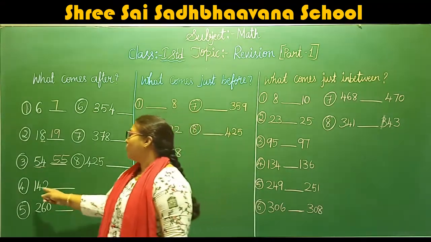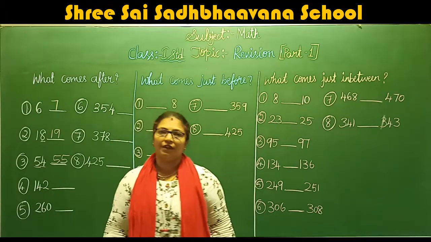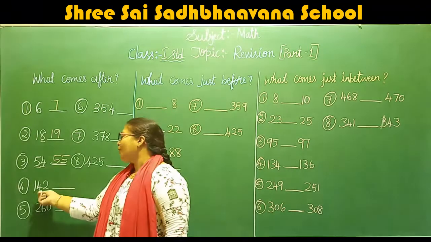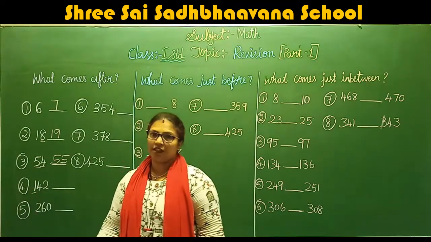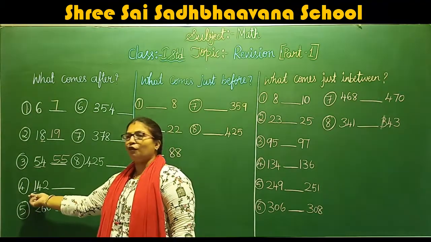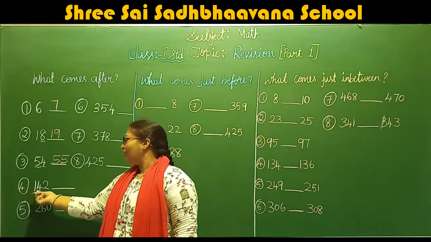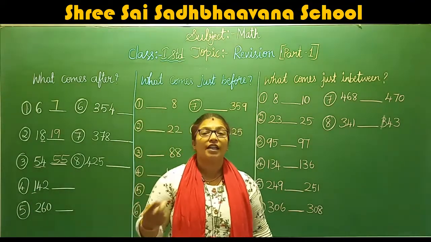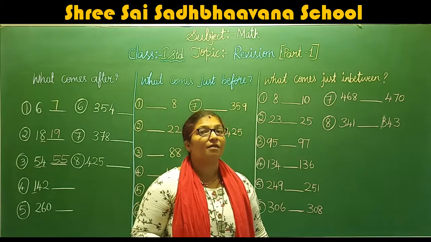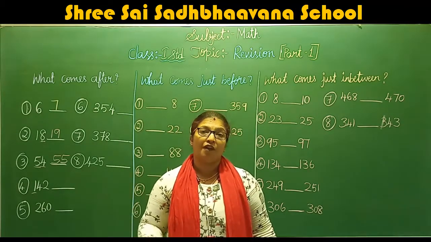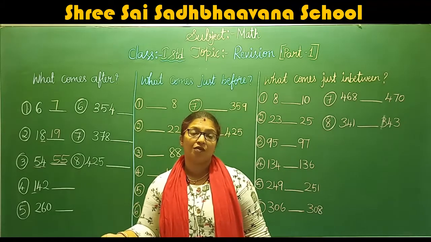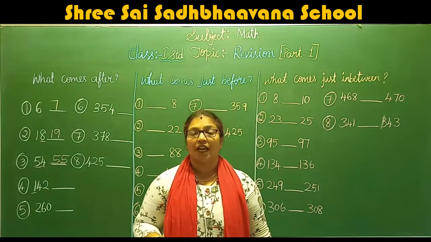Right, children? So 142 is given next. It is a 3-digit number. If you change the hundreds place number, what does it become? So we should not change it.